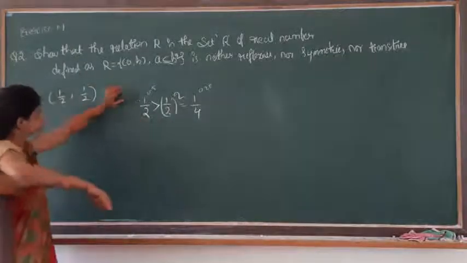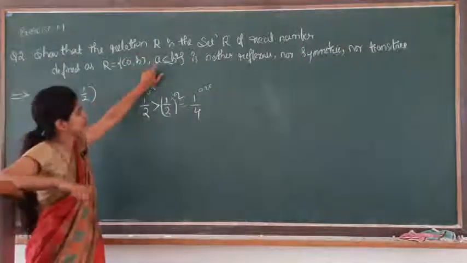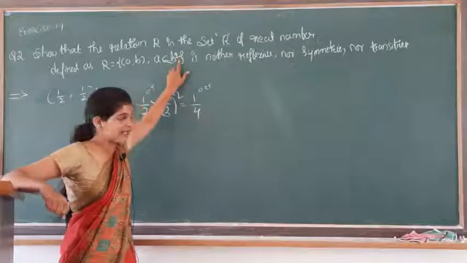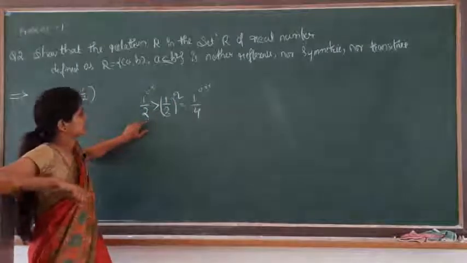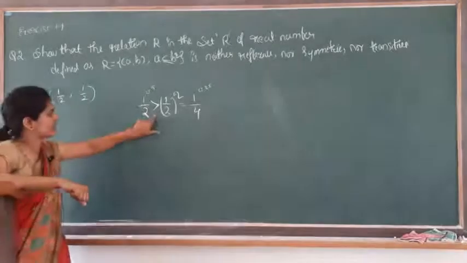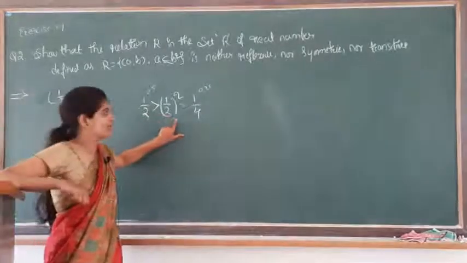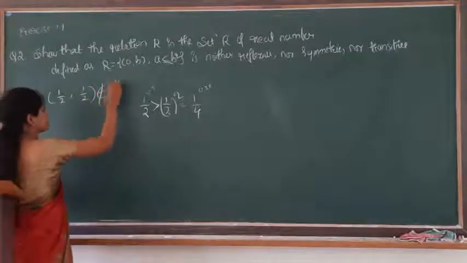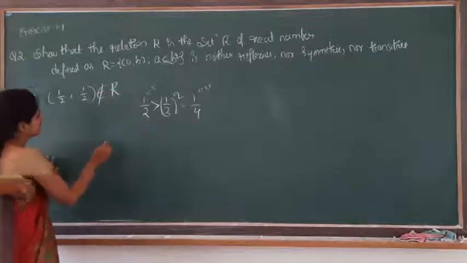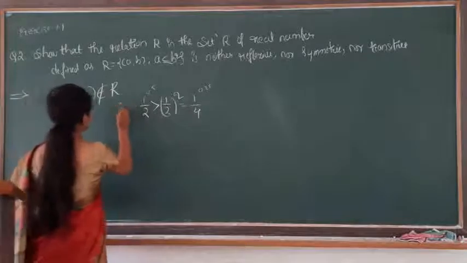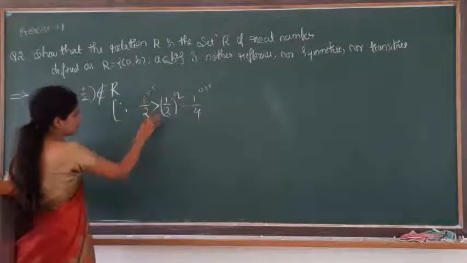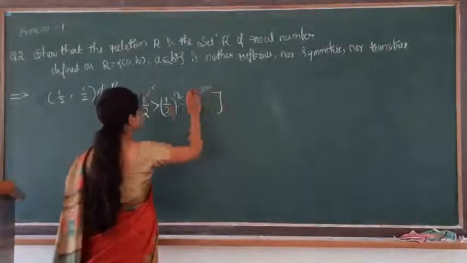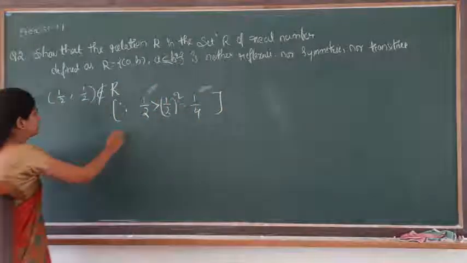But in the given relation, the first element should be less than or equal to the square of the second element. Here the first element is greater than the square of the second. That's why (1/2, 1/2) does not belong to R, because 1/2 is greater than (1/2) square.